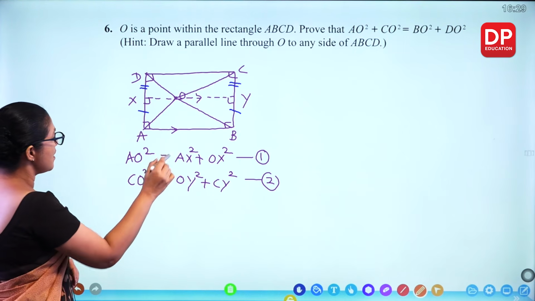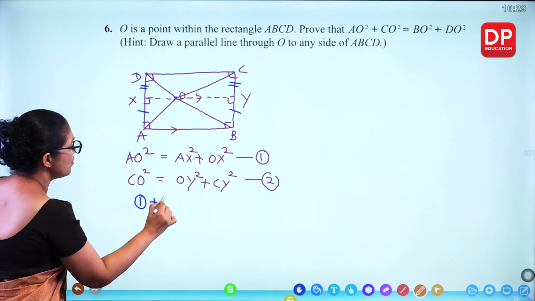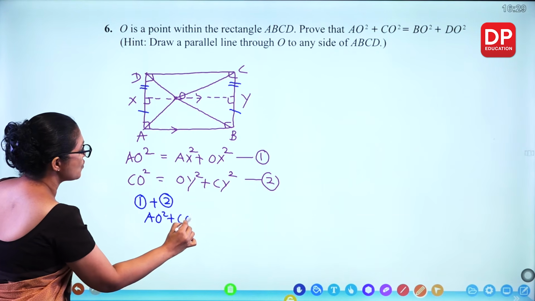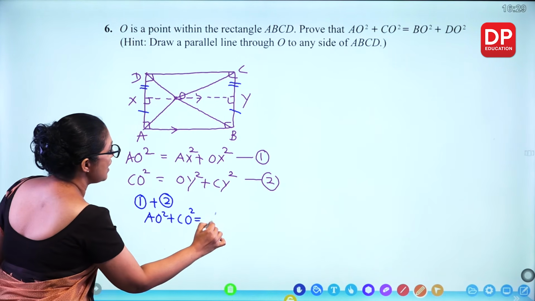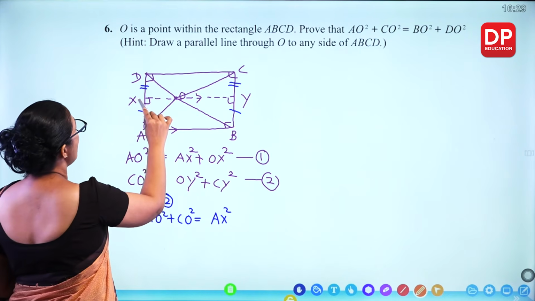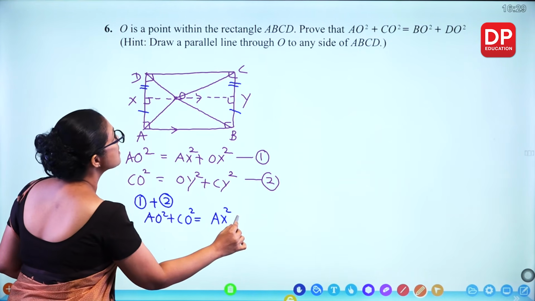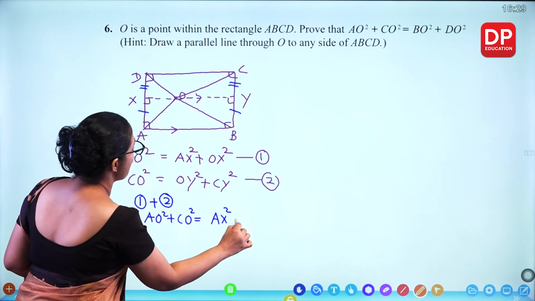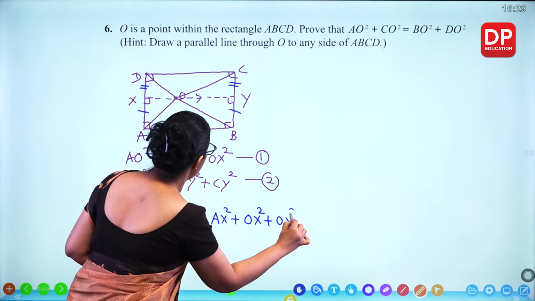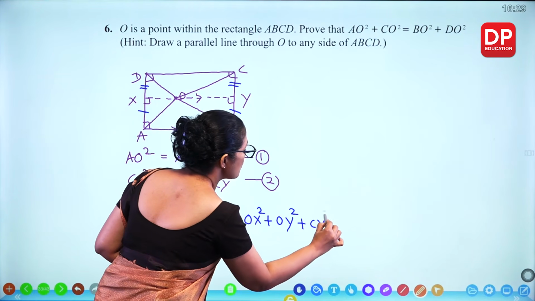So I can add these two, 1 and 2. I'm getting AO squared plus CO squared is equal to AX squared plus OX squared plus OY squared plus CY squared.